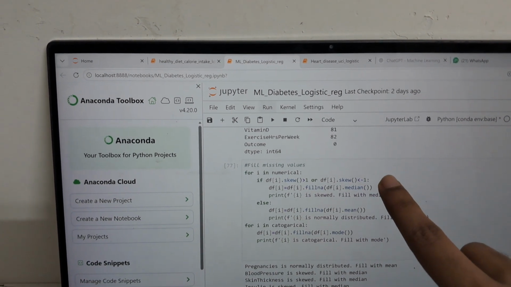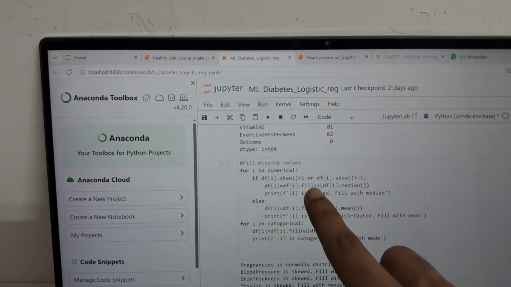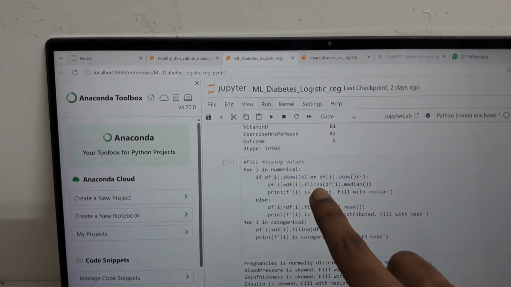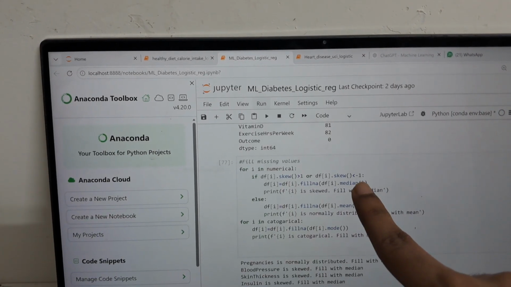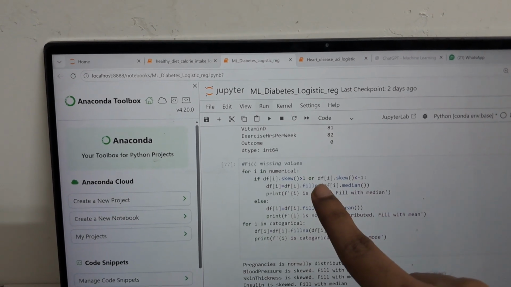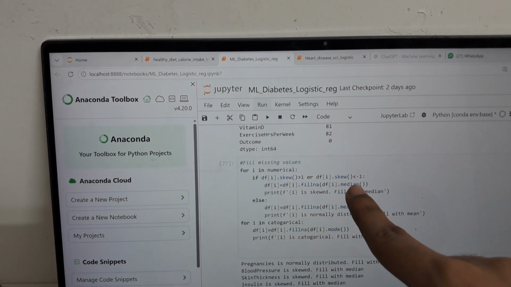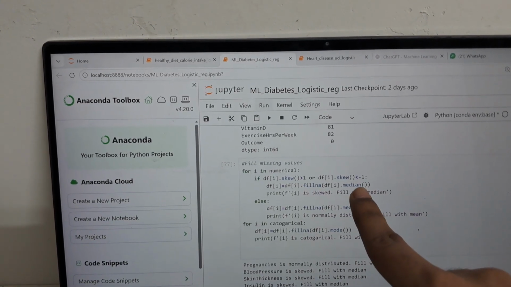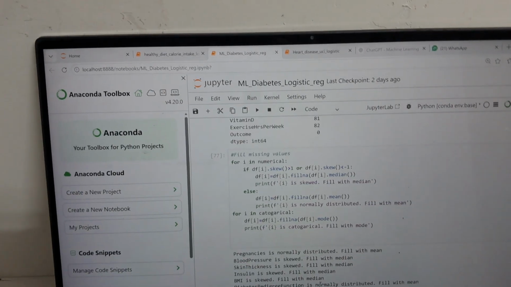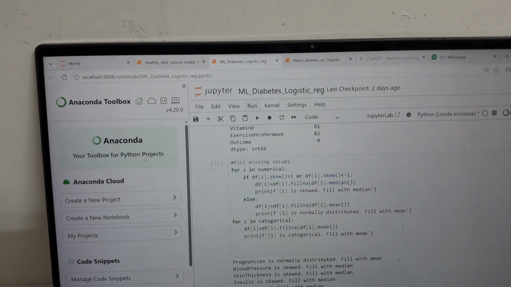If your column is skewed, then you have to fill that missing value. Fillna is used to fill missing values with median. It will calculate the median of your column, and fillna will fill the missing value with median. That happens only if it is skewed data.